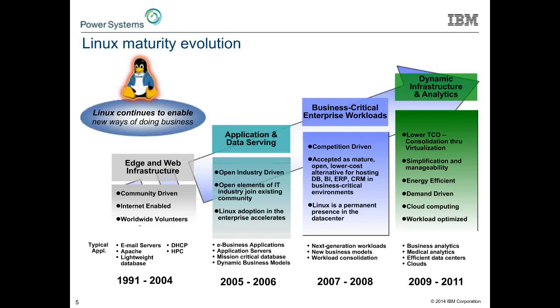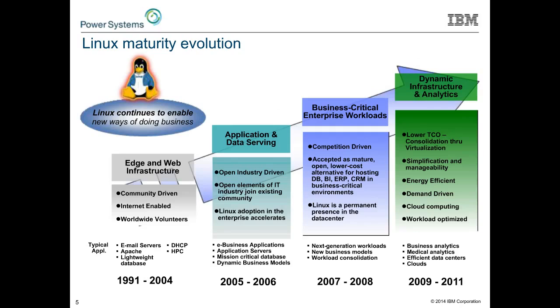If we lay it out in a timeline, here's a slide from a few years ago. That first 10, 12, 13 years, as I said, was really about web infrastructure, edge of the network, departmental servers.